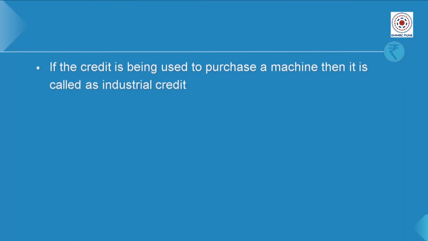Credits are of various types like commercial credit, industrial credit, personal credit, so on and so forth. This classification of credit depends on the usage the credit is being put to. For example, if the credit is being used to purchase a machine, then it is called an industrial credit.